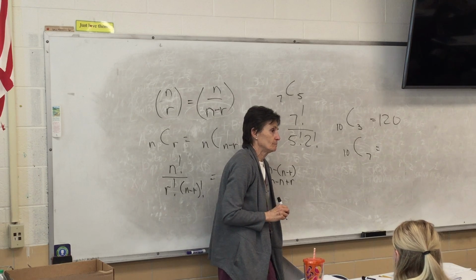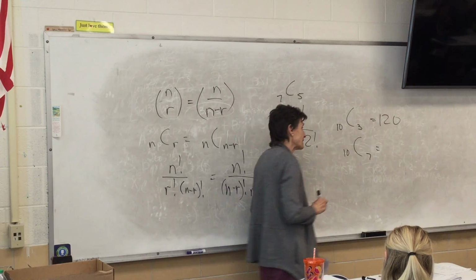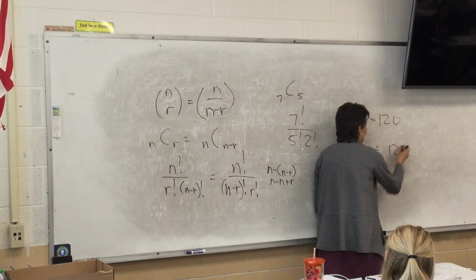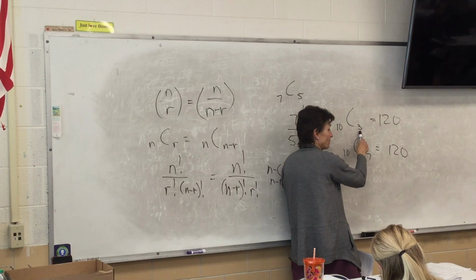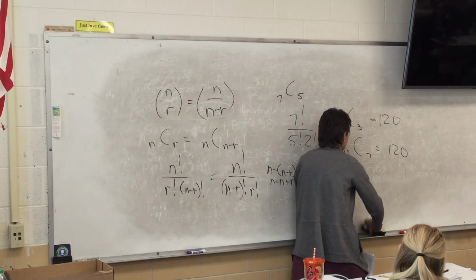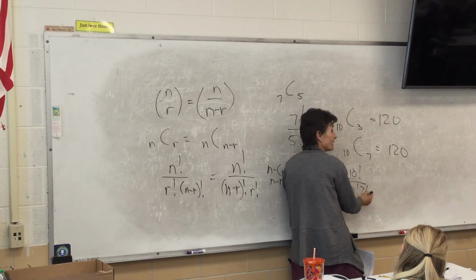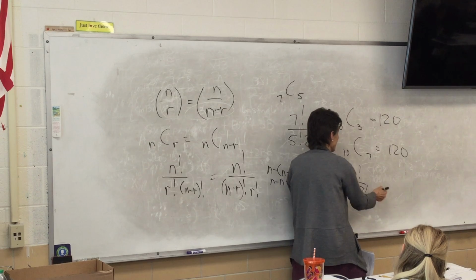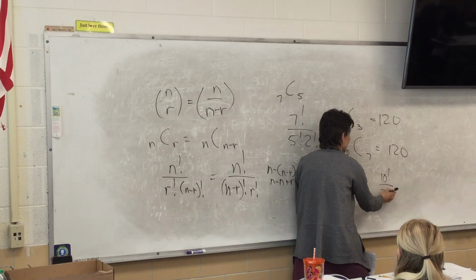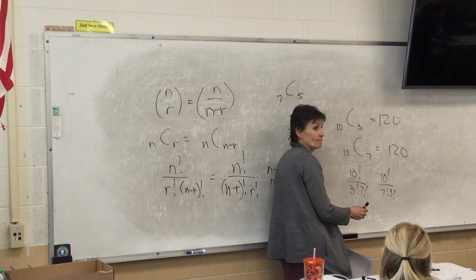Why are they the same? Because this would be n factorial, 10 factorial over 3 factorial, 7 factorial. And this would be 10 factorial over 7 factorial, 3 factorial.